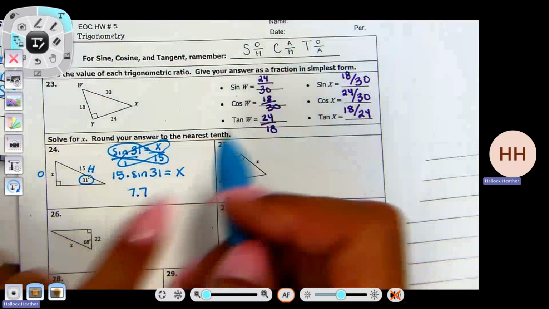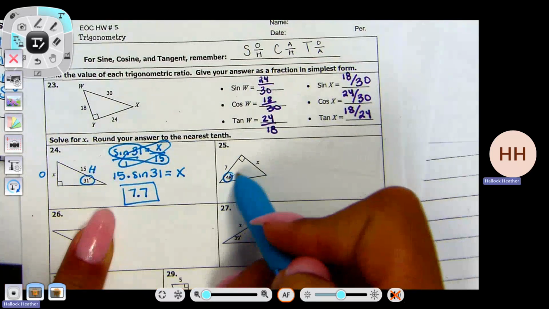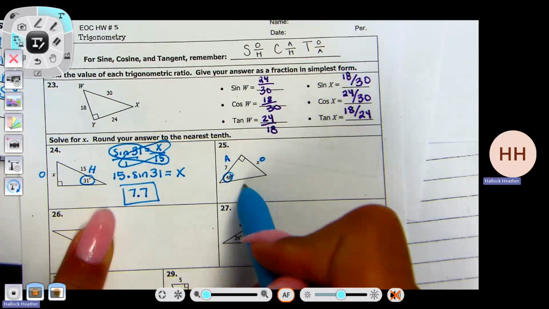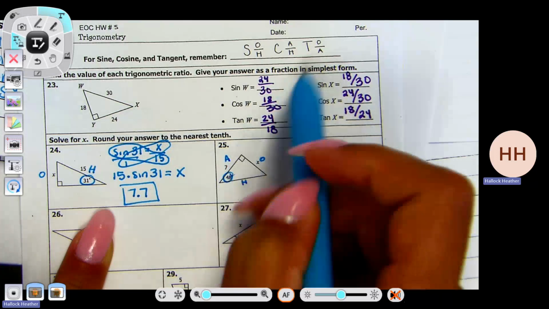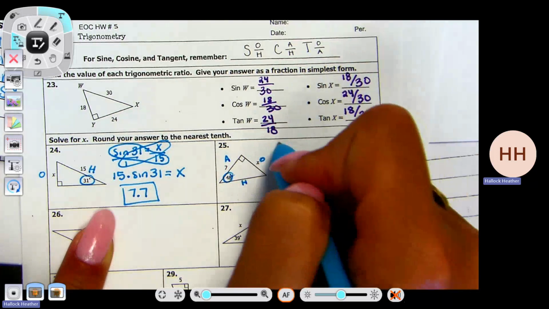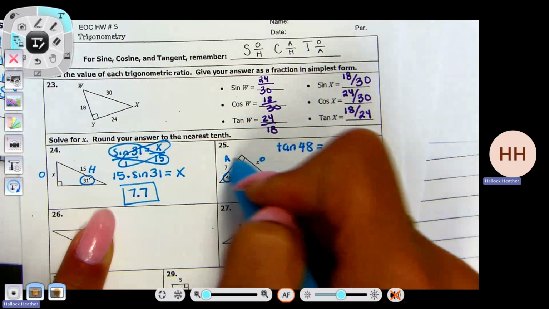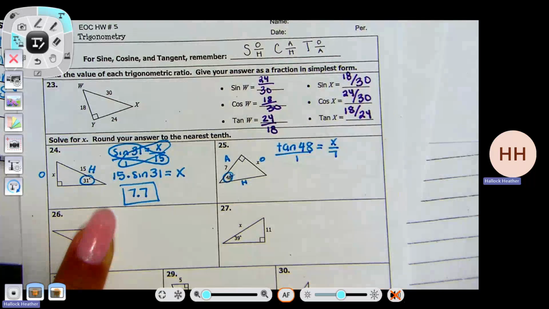The next one, you are the angle, you're 48. You have opposite and you have adjacent. Remember, the longest side is hypotenuse. So this would be hypotenuse, but we don't have that. So I have O and A, that's tan. So I'm going to do tan of 48 equals X over 7. I'm going to put it over 1, and I'm going to cross multiply.